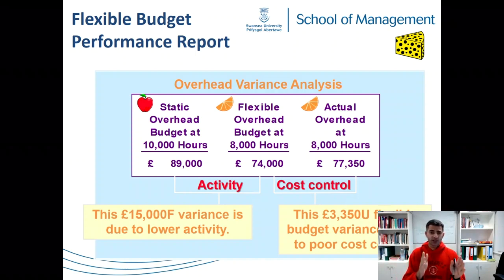By comparing an orange with the apple, the difference is due to the activity level. Okay, so this is the point of a flexible budget.